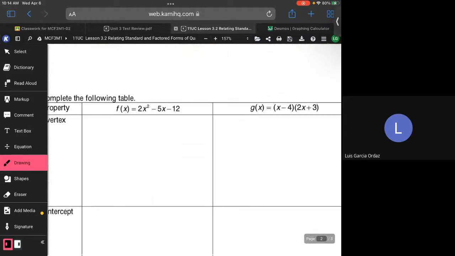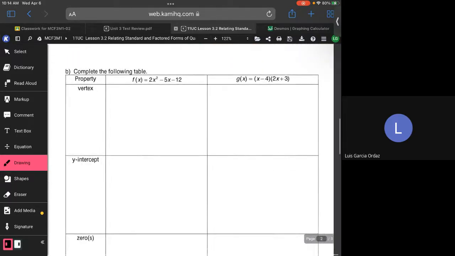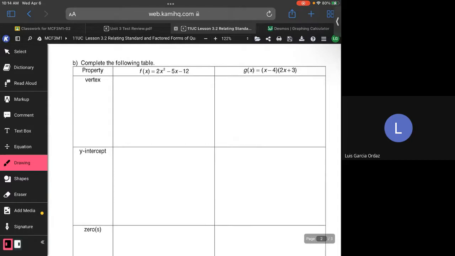So we have a table here for the next page. Obviously we have the same equation. We have our graph in standard form and our graph in factored form. I was going to say vertex form. So when it comes to standard form, what did I say the only thing you're able to find from standard form is?